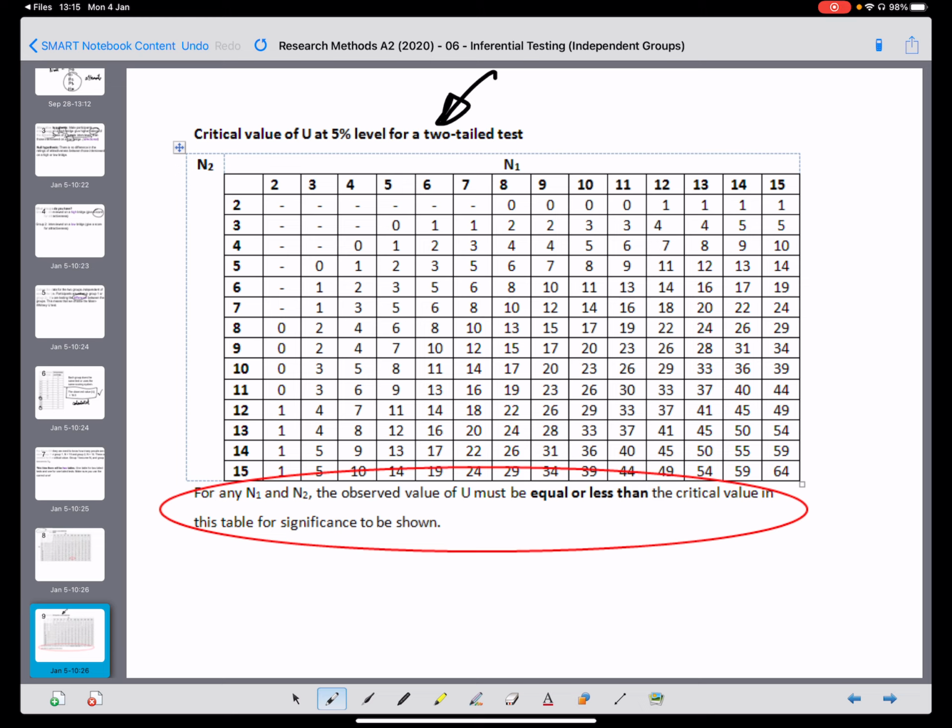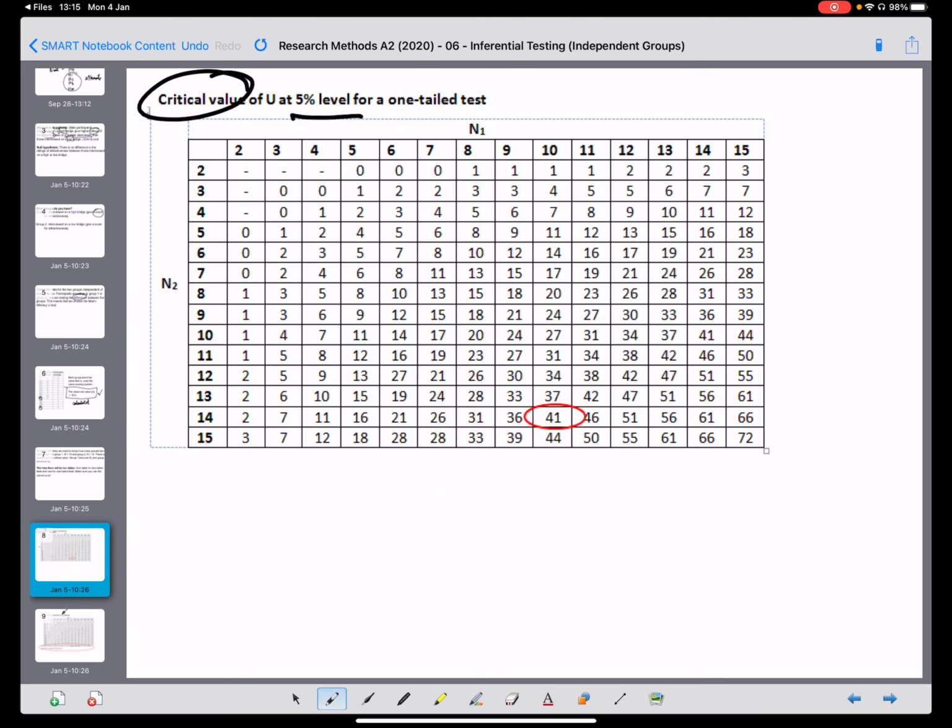You have to decide what it is. So we find in this particular case that it is one-tailed, so we have to look at this particular table, and we see that the first group had 10 in it, and the second group had 14, and the corresponding number is 41.